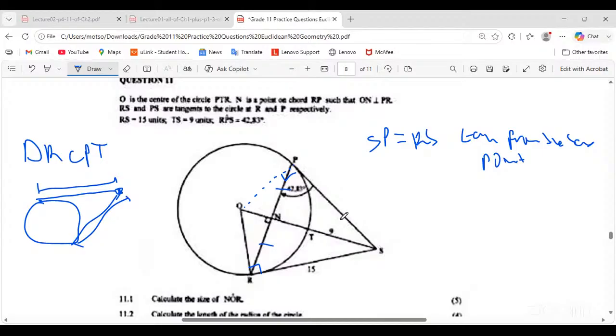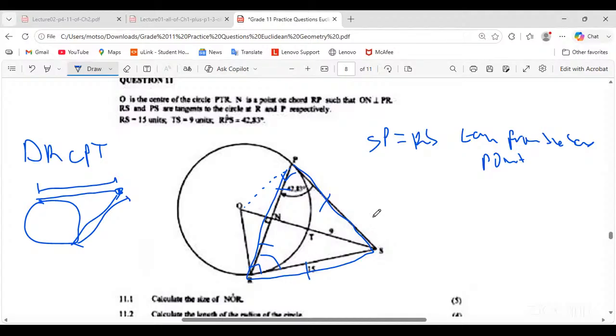Now the next thing, PRS is equal to 42.83, right? PRS is equal to this, is equal to that angle. Why? Because this triangle is an isosceles triangle because these lines are equal.